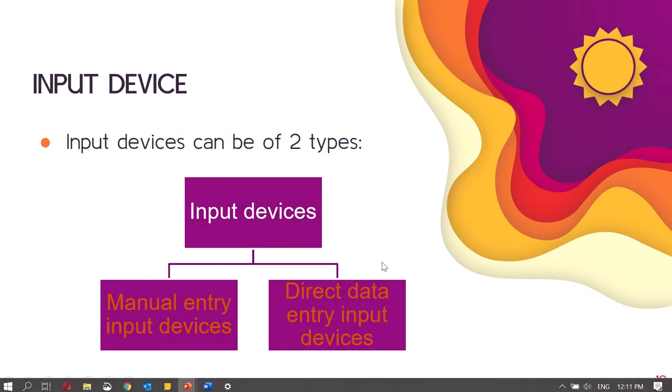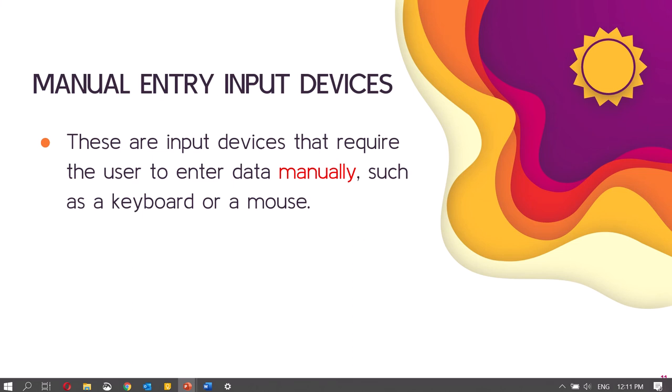For example, we can also see that input devices are actually of two types. Input devices can either be a manual entry input device or a direct data entry input device. So what does this really mean? A manual entry input device is where the user is manually entering the data. You can see this is the keyword here. For example, a keyboard or a mouse.